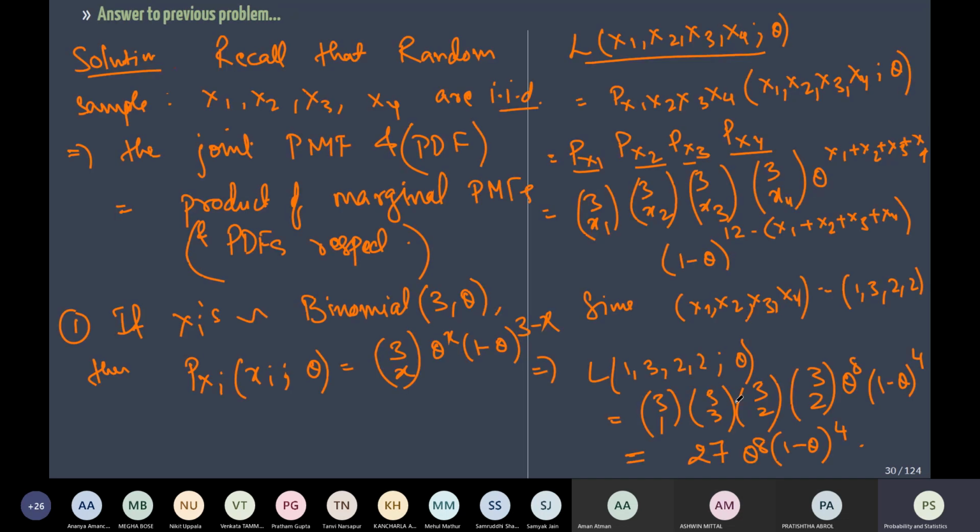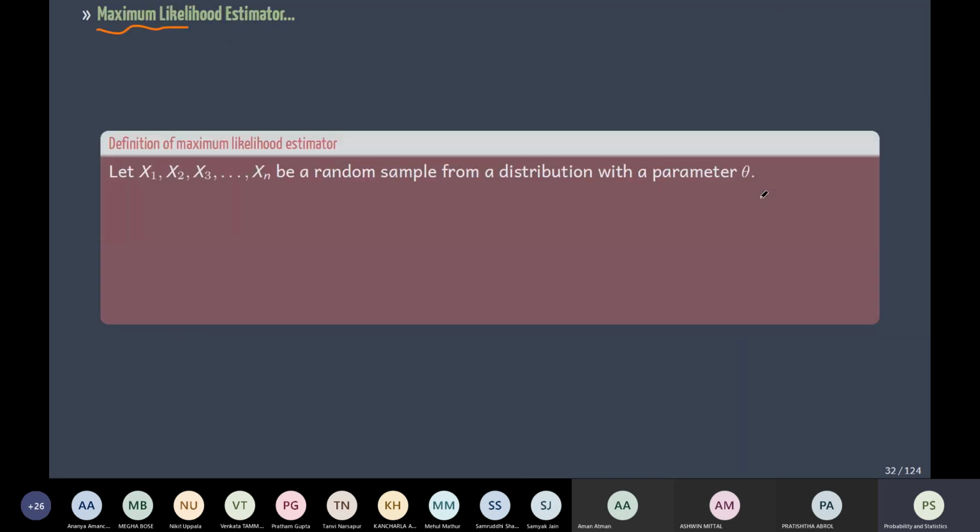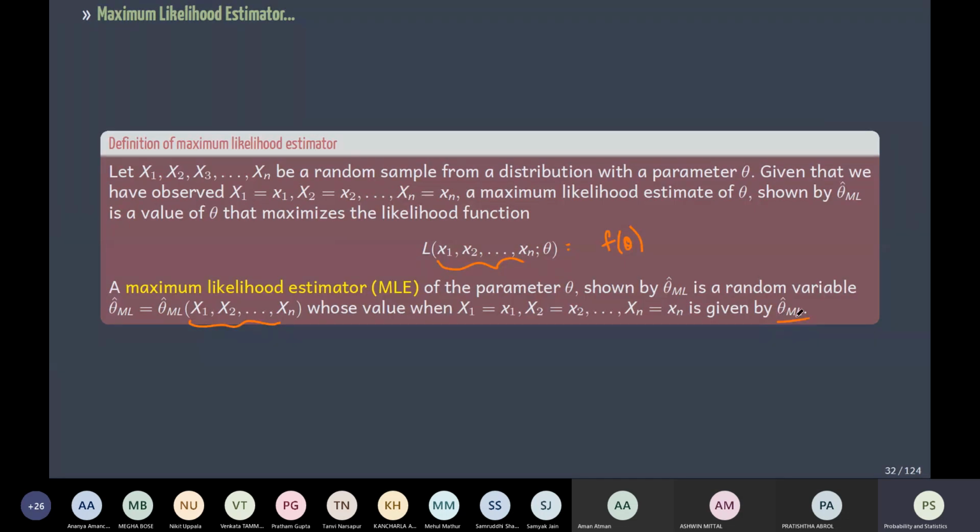So you substitute the optimal theta here, the theta obtained after maximizing for this observation. That is how we say it's theta hat ML. And since theta hat ML is a function of the random variables, it is a random variable. A function of a random variable is a random variable, right?